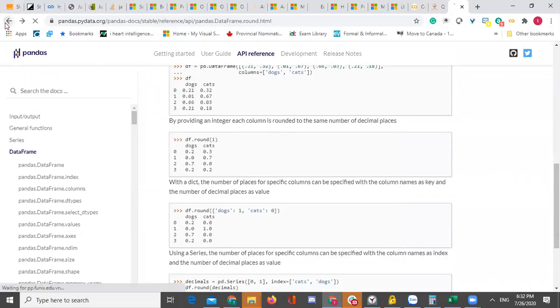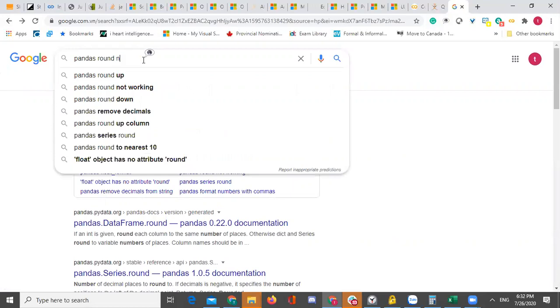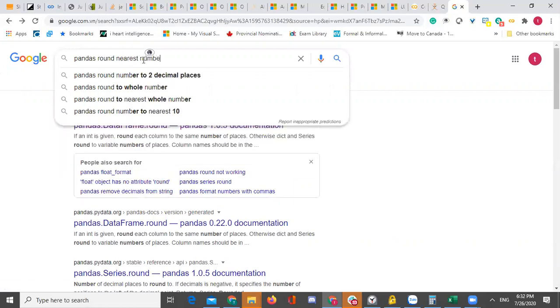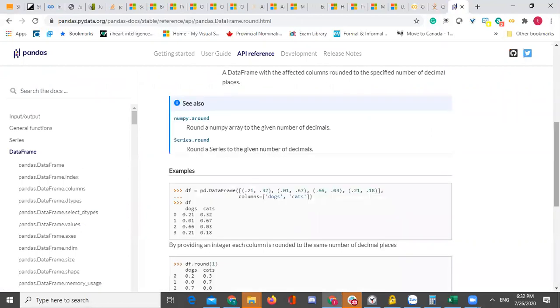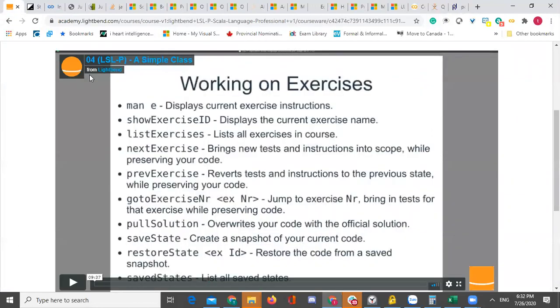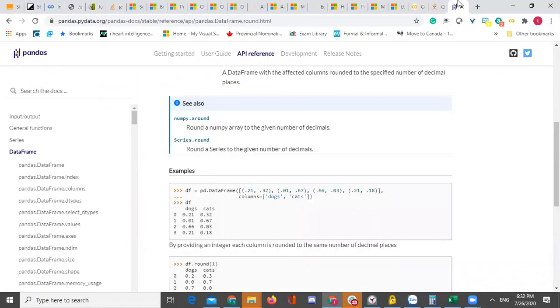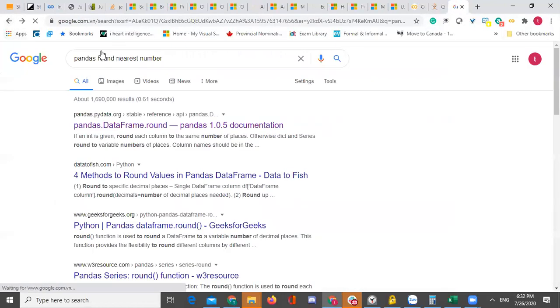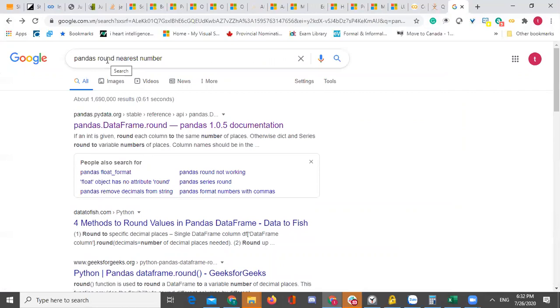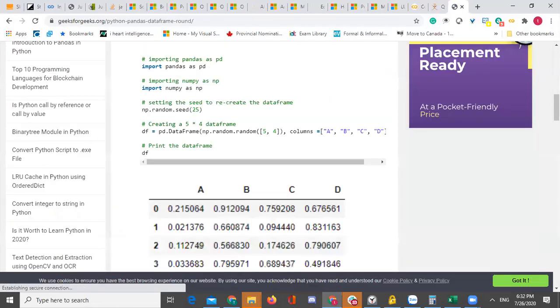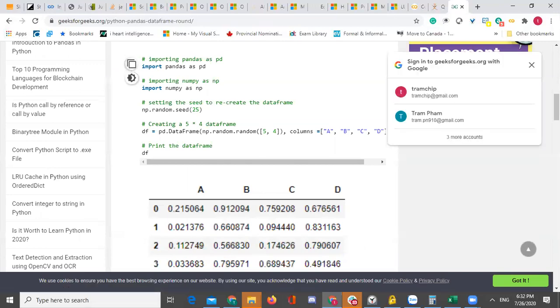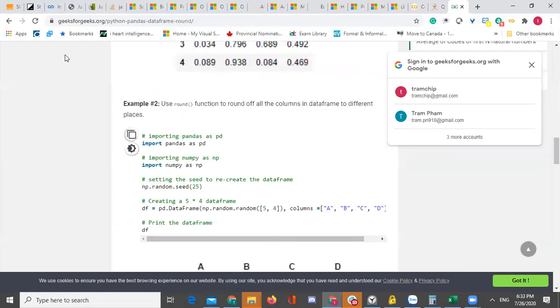Pandas round. Okay. I know that there's a function: DataFrame dot round. Okay. So then there's a function that I can pick.